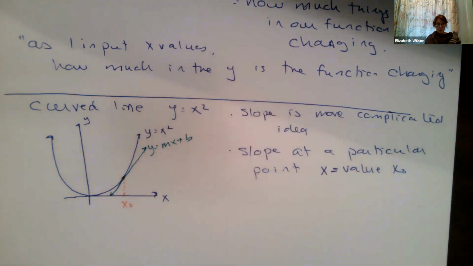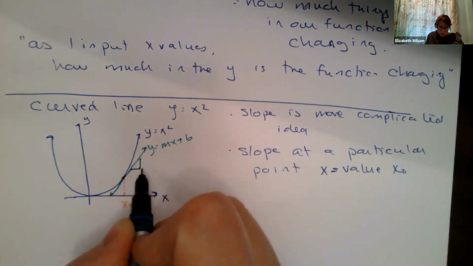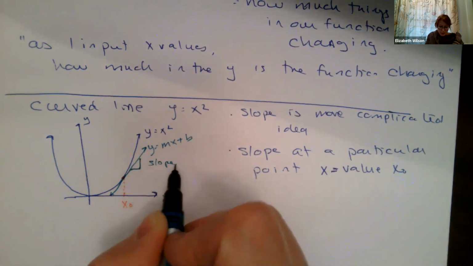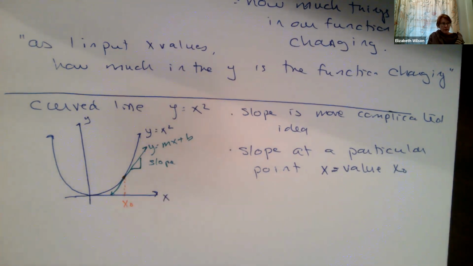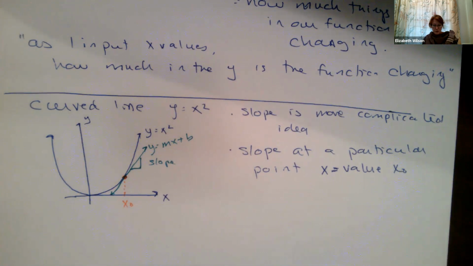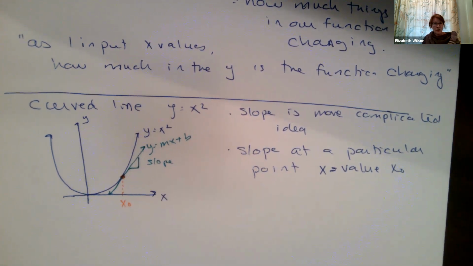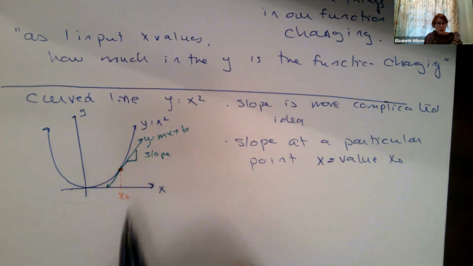Y equals mx plus b. That's my line right here. And this is going to have a particular slope. It's the slope at this point, x naught right there. Now, what that slope is going to tell me is how this function y equals x squared is changing at that particular point, x naught.